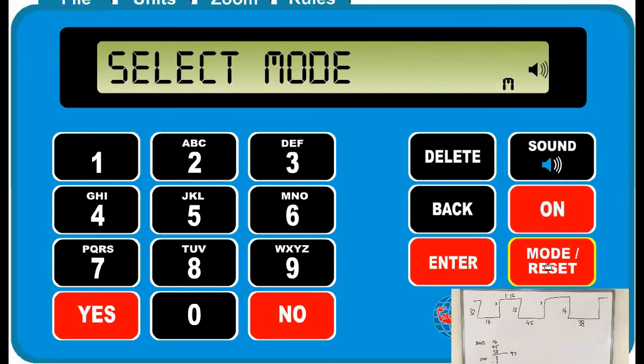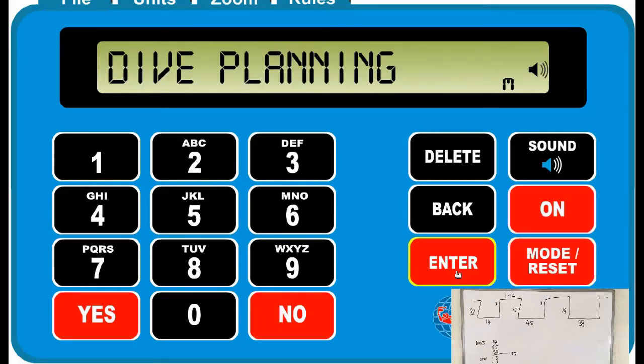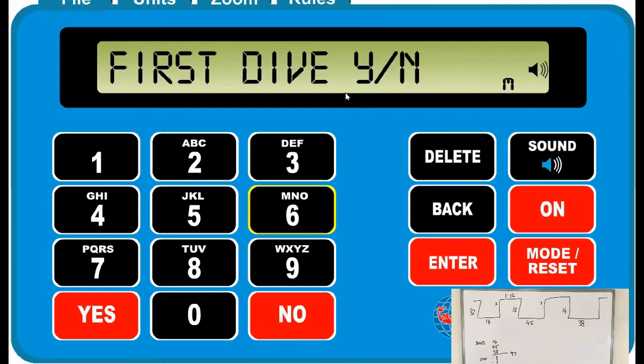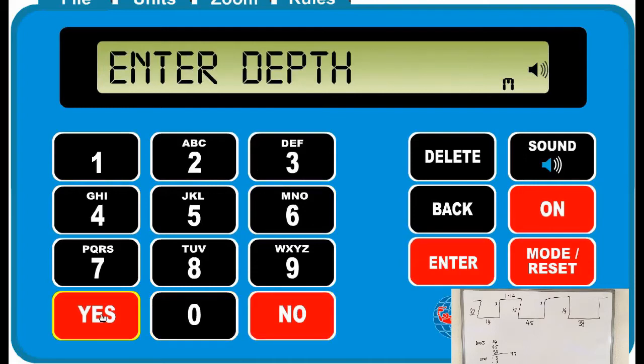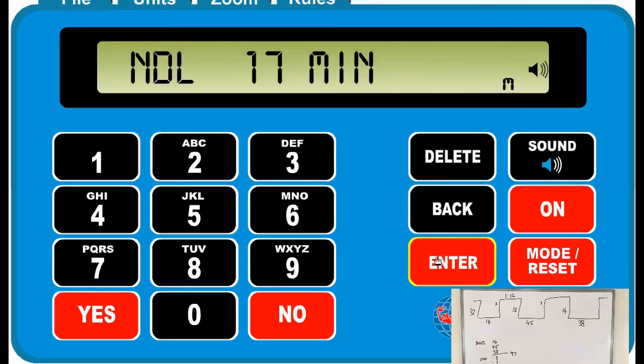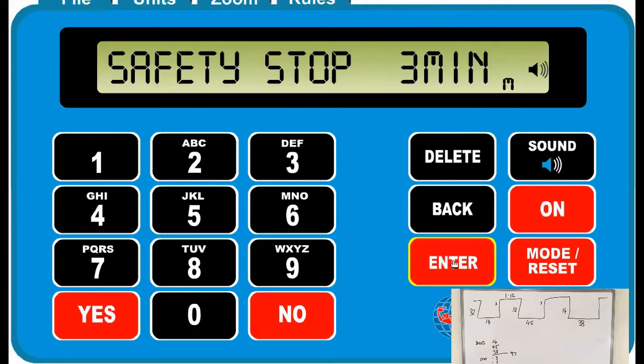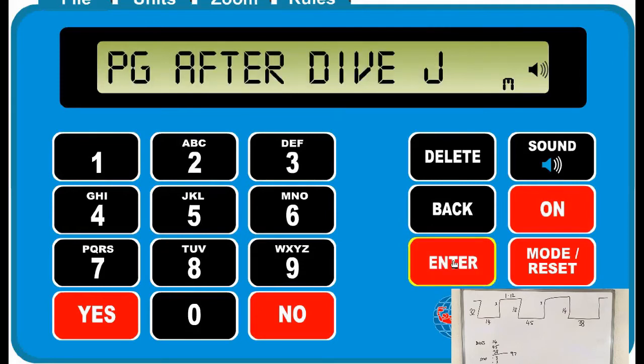Start with dive planning. Enter first multi-level, no. First dive, yes. Enter depth of 32 metres, 14 minutes. We're in pressure group J. Now we can put our surface interval of 1 hour and 12 minutes.